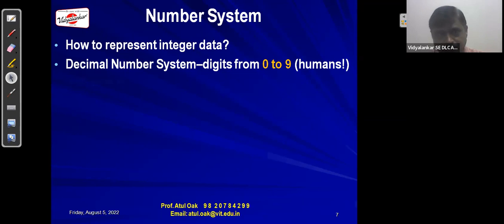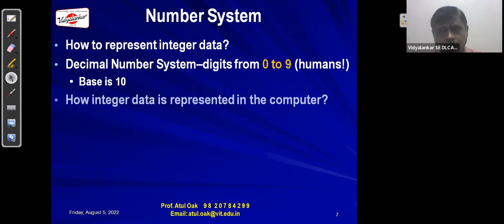Point is, how do we represent integer data in a computer? Okay, now let's bring in the machine. One end is human, the other end is machine. Can you tell me your thought on how integer data is represented in a computer?